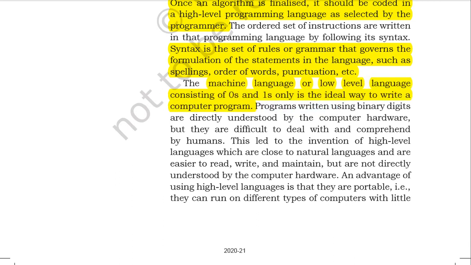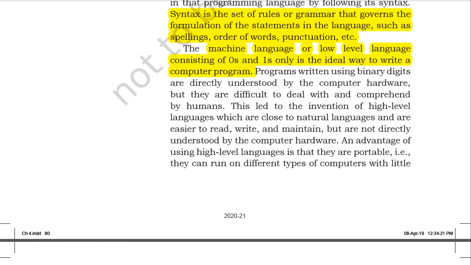Programs written using binary digits are directly understood by the computer hardware, but they are difficult for humans to deal with and comprehend. This led to the invention of high level languages, which are close to natural languages and are easier to read, write, and maintain, but are not directly understood by the computer hardware.